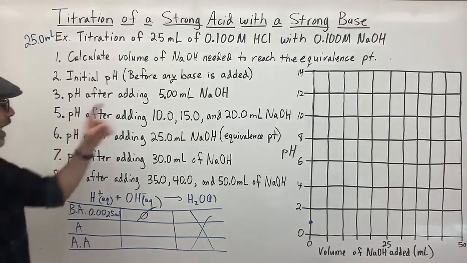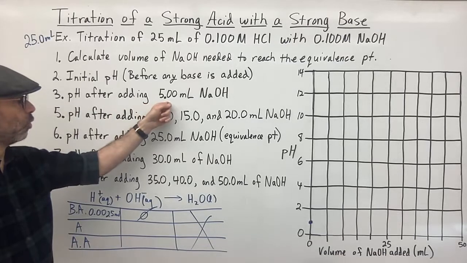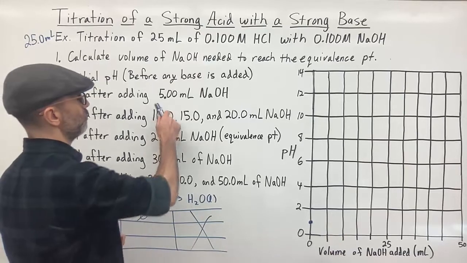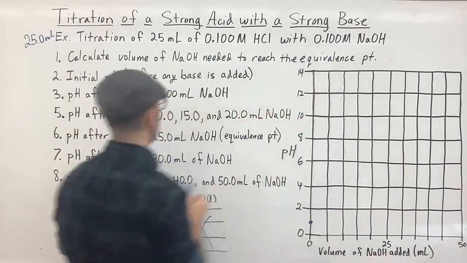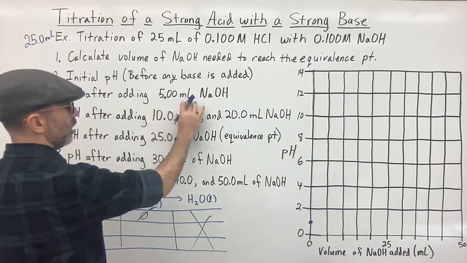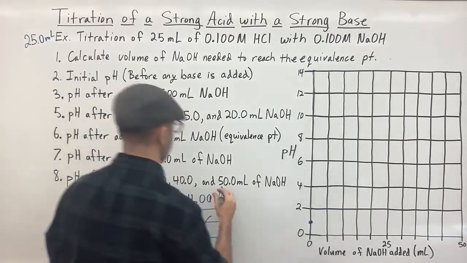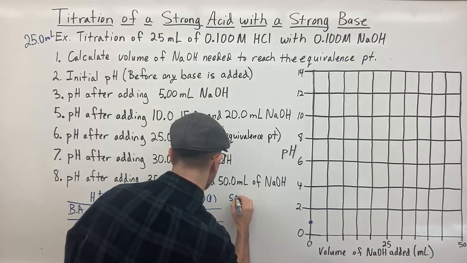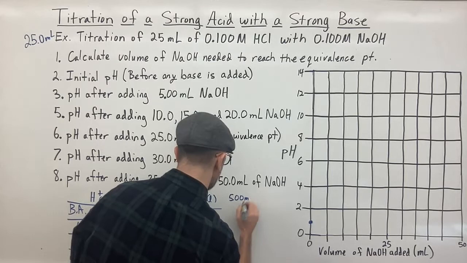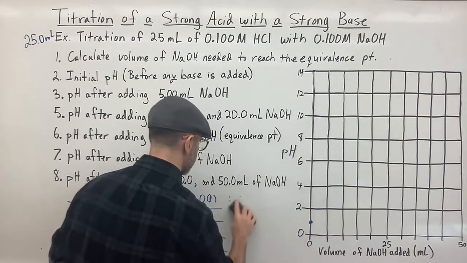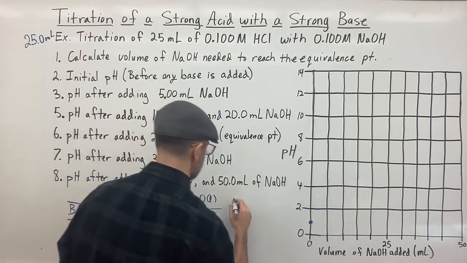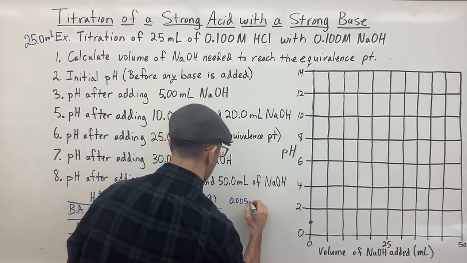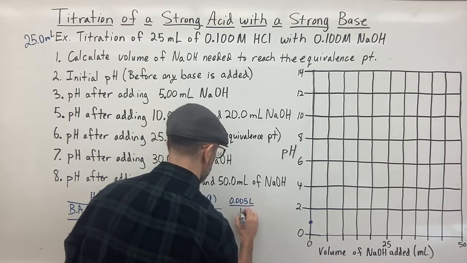And then at 5 milliliters, how many moles was added? How many moles of our OH minus was added with 5 milliliters? So we take the molarity again, and we calculate the number of moles of our NaOH. We want to convert 5.00 milliliters to liters, so that's 0.005 liters over 1.